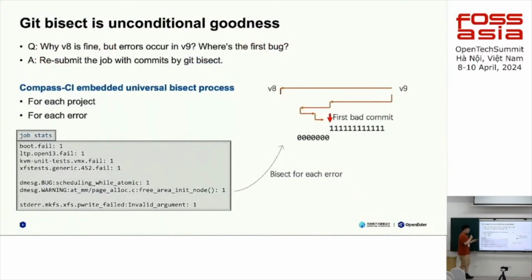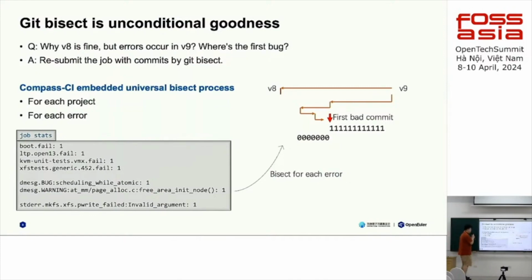Error is inevitable. Every time we submit a job, perhaps the job will hit different kinds of errors, like the picture on the left. The statistics show that there are several errors that happen. So for each of the errors, Compass CI will submit git bisect tracing.